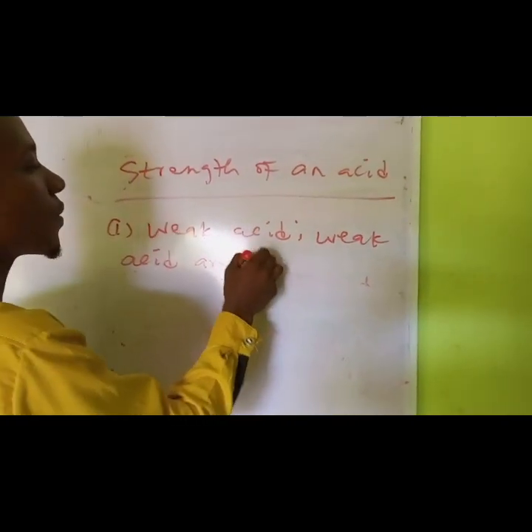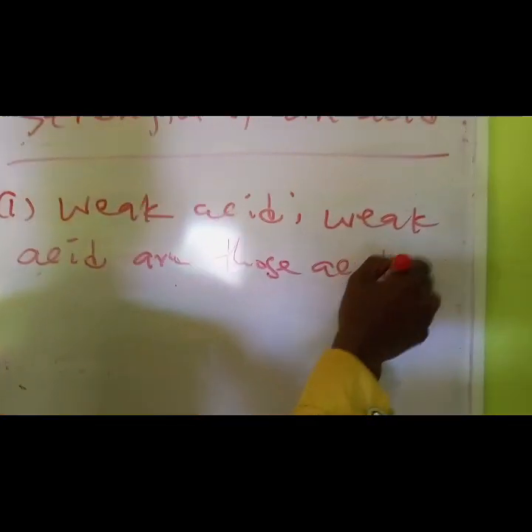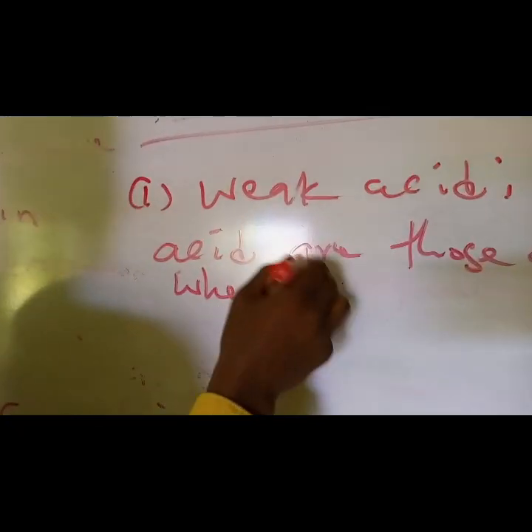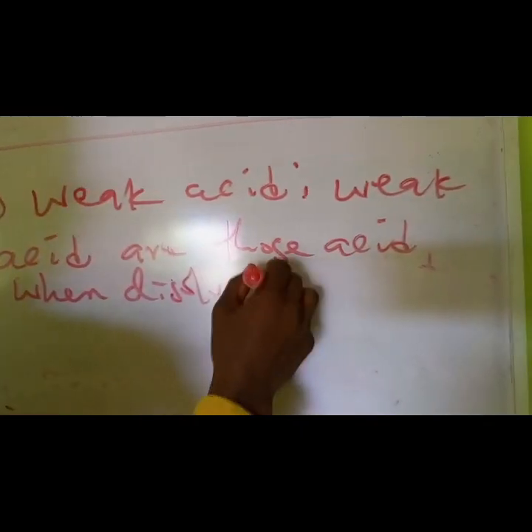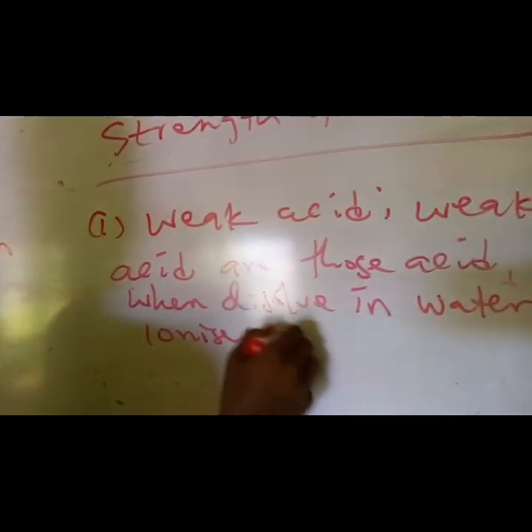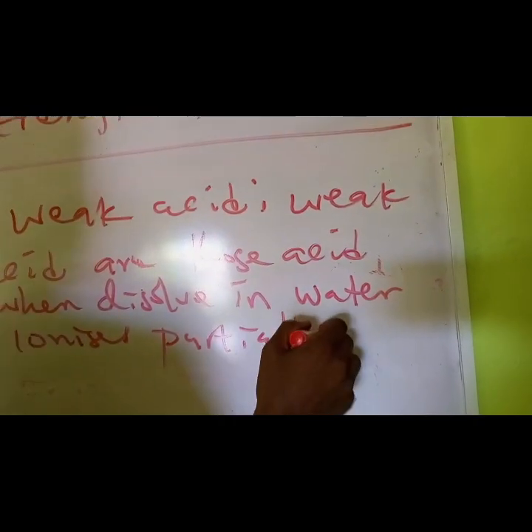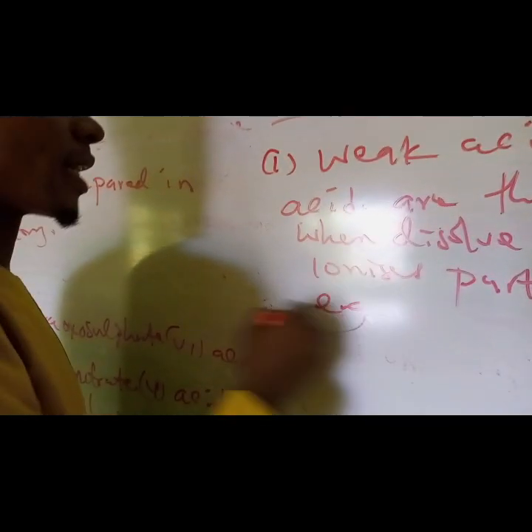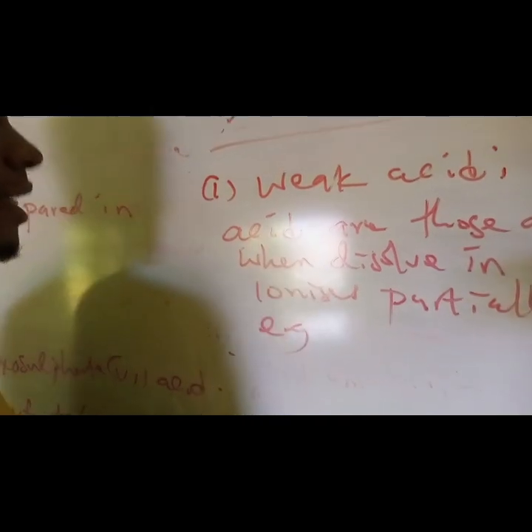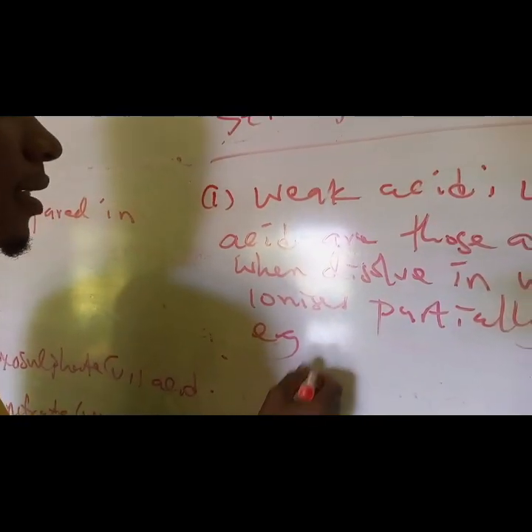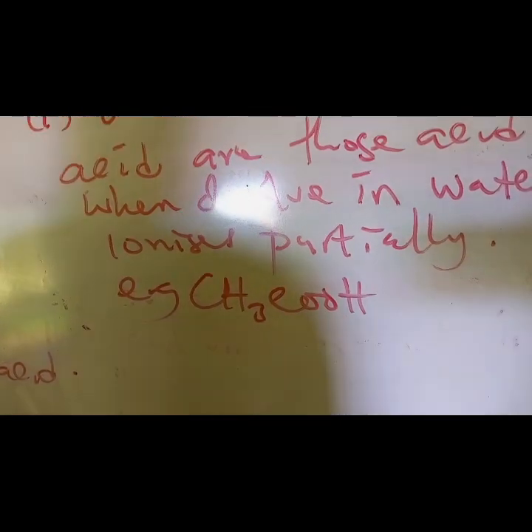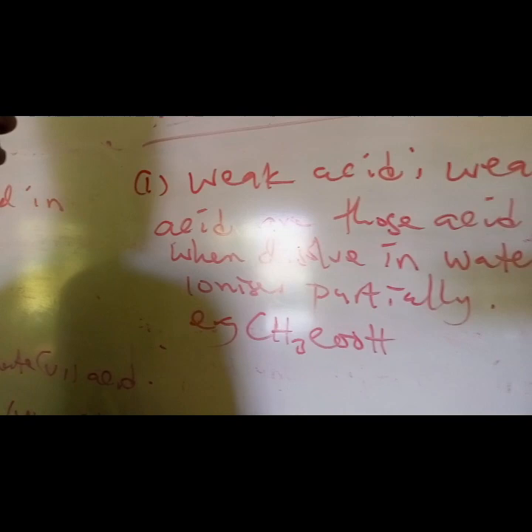Weak acids are those acids that, when they dissolve in water, ionize partially. Example of this weak acid: most organic acids are examples of what? Weak acids. For example, we have CH3COOH. This is your ethanoic acid.